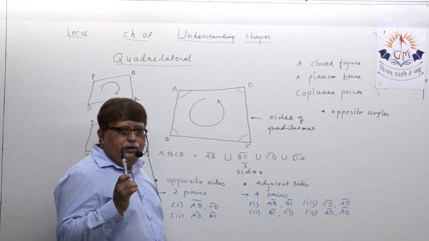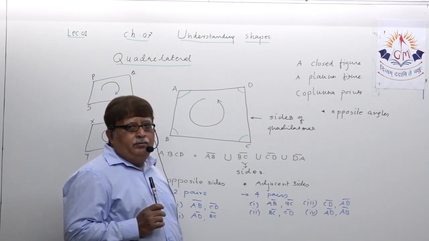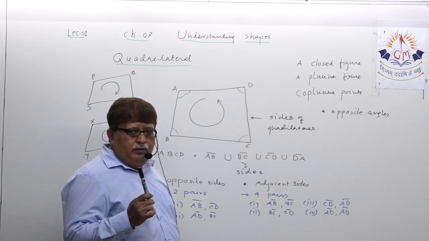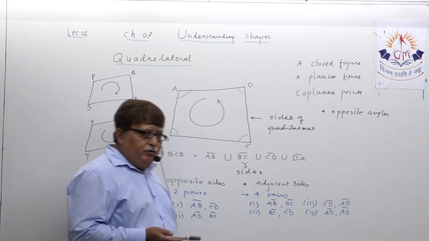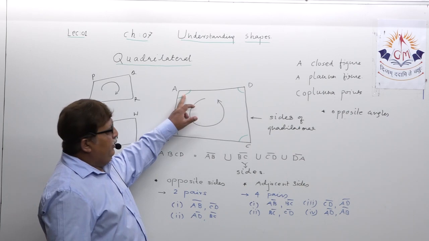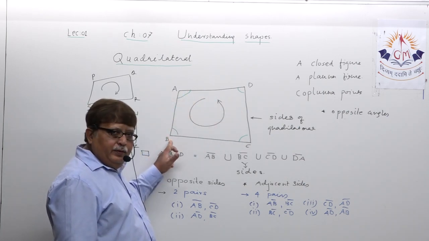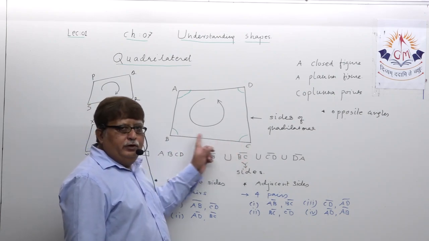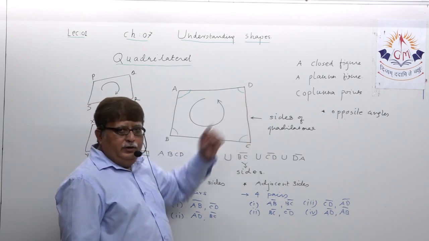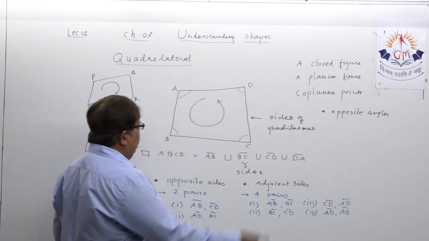They do not have any arm common. You have studied the concept of angle somewhere in primary, that any angle has two arms. Angle A has two arms, AD and AB. Angle C has two arms, CB and CD. Is there any arm common between these two angles? No.